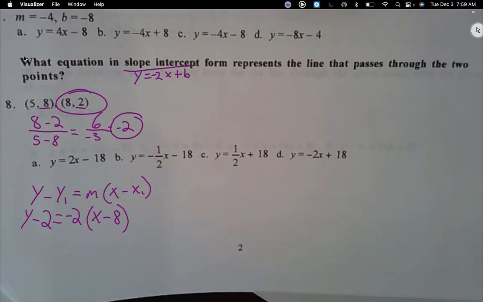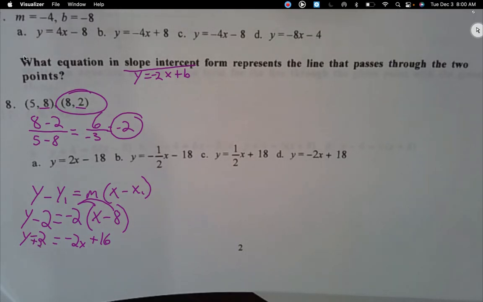Now, this is actually an equation that's the right answer. It's just not in the right form. So, yesterday we did this. How do I rearrange it? 2 steps. What did we do with the -2? Distribute the -2 and then move this 2 over. So if I distribute that, -2x, and what's -2 times -8? 16. Then what do we do with -2?